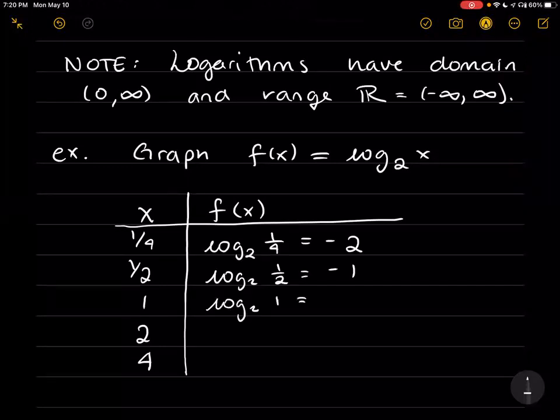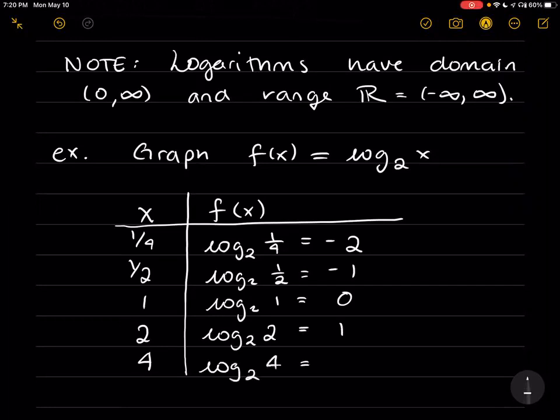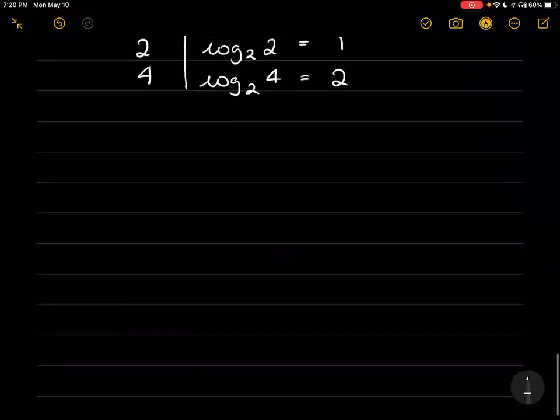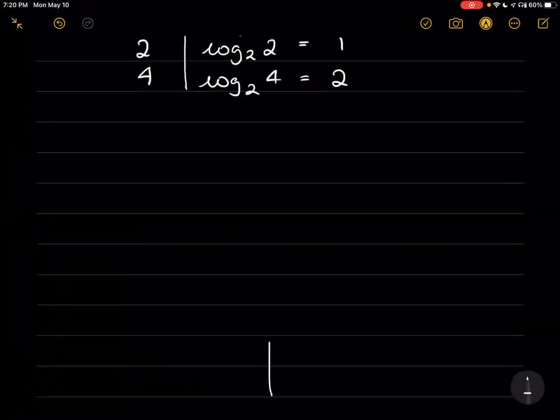Log base 2 of 1, I think that was one of our log properties, is 0. Log base 2 of 2, another one of our log properties, is just 1. And then log base 2 of 4 is 2, because 2 squared is 4. Okay, so let's go ahead and plot these points.